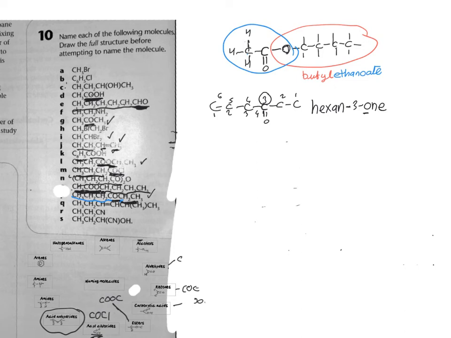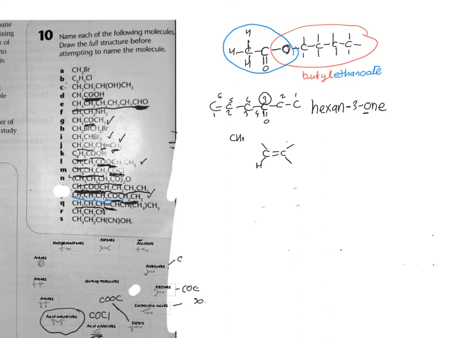Let's now go to Q. Again, it's an alkene, so it's got a double bond in. Let's start off with the C double bond C, and then we can put all of the atoms around it. So on the left hand side of the double bond, we've got a CH3, CH2, and then a CH.